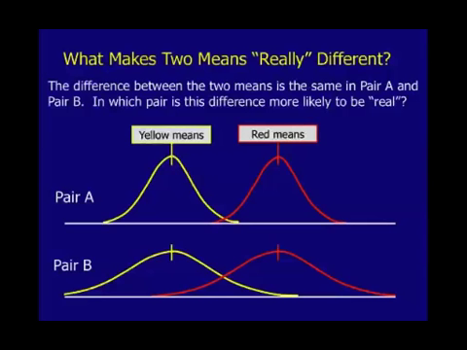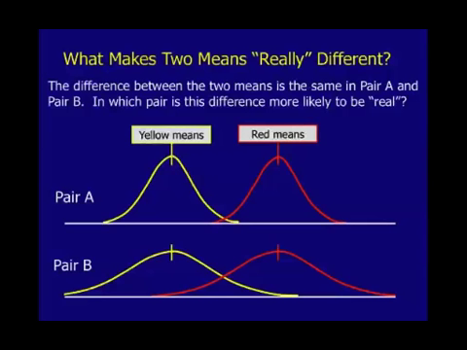In pair A, the two groups have almost no overlap, and so we might think that that difference between the red mean and the yellow mean is much more significant, much more likely to be real than in pair B. Same difference in means, but the distributions are spread out a lot more.